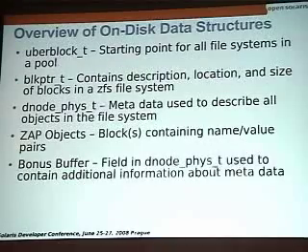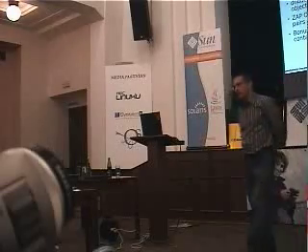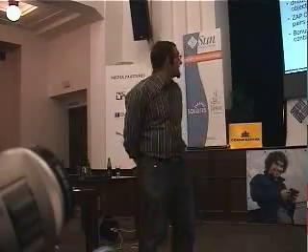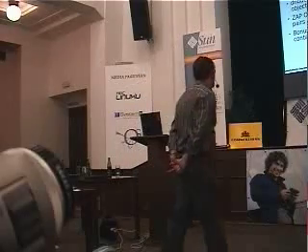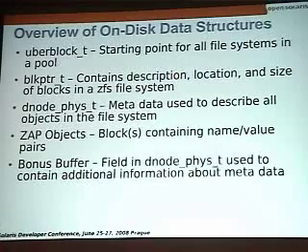The dnode, there's an in-memory copy of a dnode when you access a file. The dnode on the disk is called a dnode_phys_t, and most of the dnodes are located on the disk in arrays. Now, these arrays are generally not contiguous on the disk.